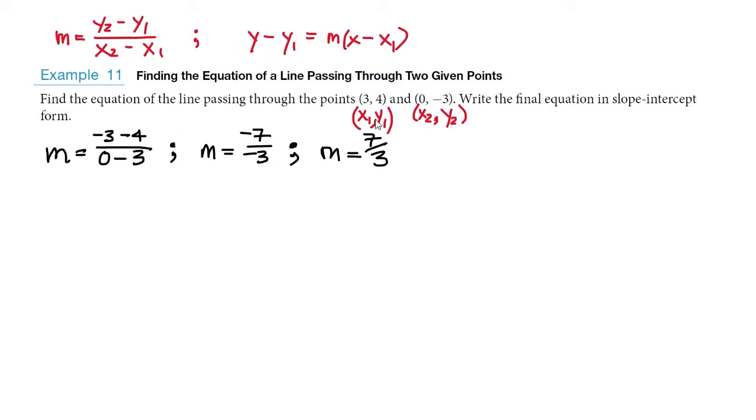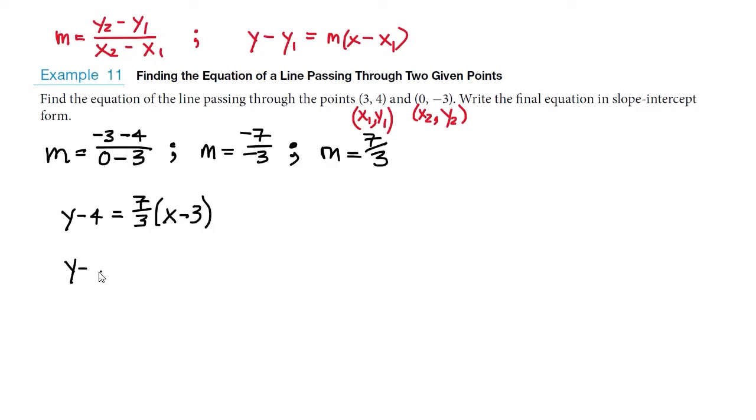And now I need to use the point slope formula. It actually does not matter which one of these points I call x1, y1. The equation will work out the same in the end. So I'm going to leave it the way it is. I have y minus y1, which is 4, equals 7/3 multiplied by x minus x1, which is 3.